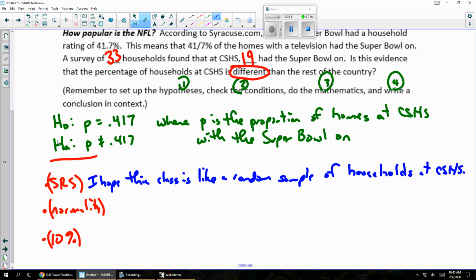So what's the key to getting normality? Large counts. And how does large counts look with proportions? Here's where I've got 10 successes and 10 failures. Do I? Yes, I do. I have at least 10 successes and 10 failures.